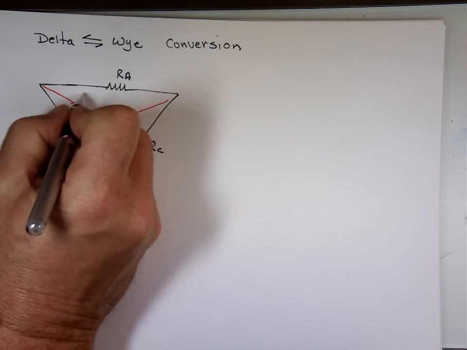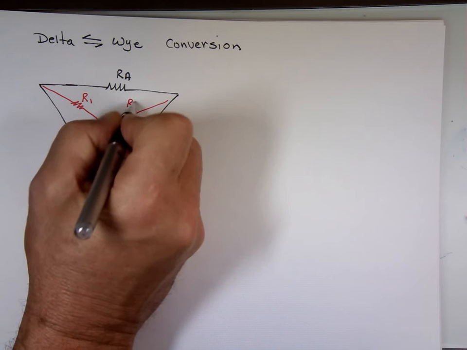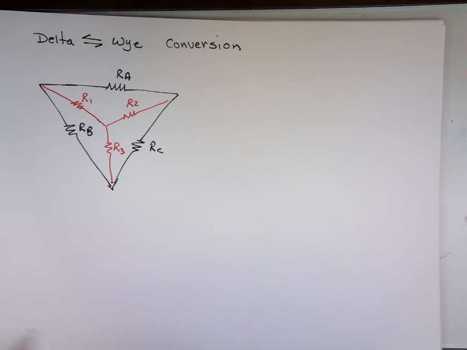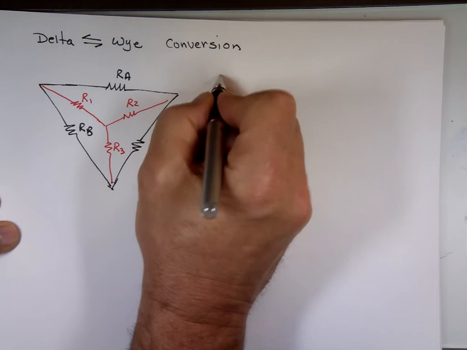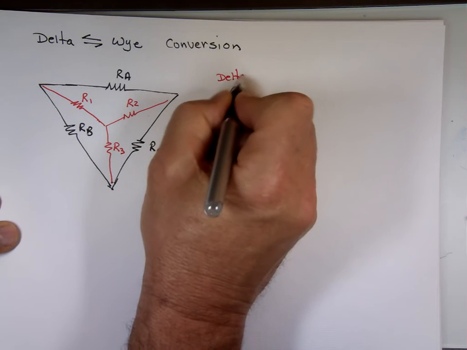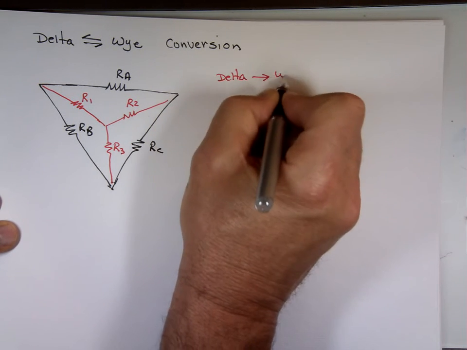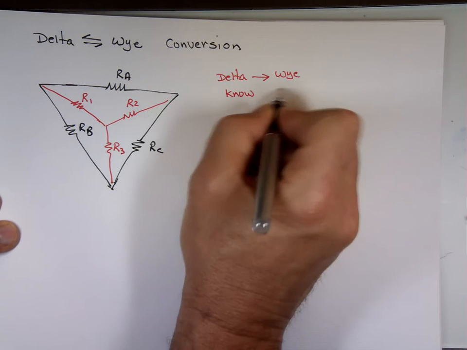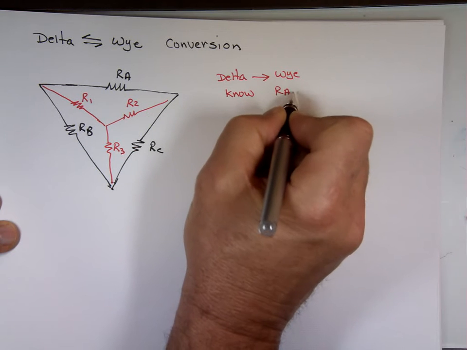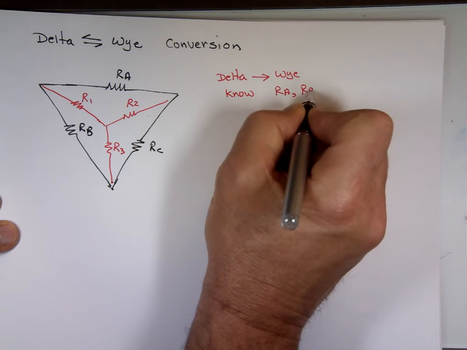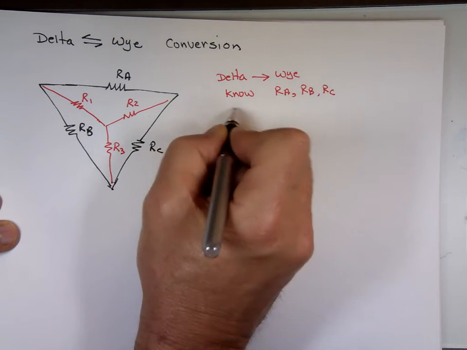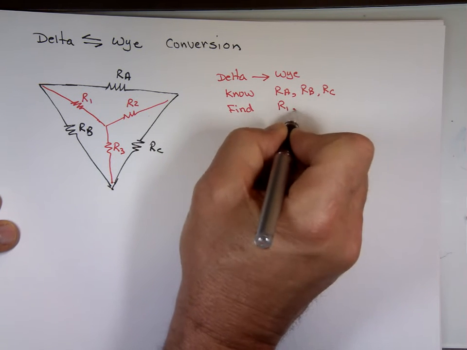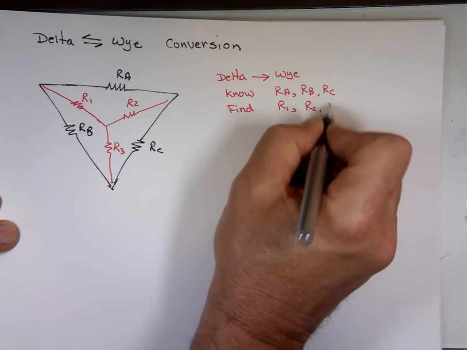We'll call these R1, R2, R3. So the first one we're doing is delta to Y. You know the values of R sub A, R sub B, and R sub C, and you want to find R1, R2, R3.